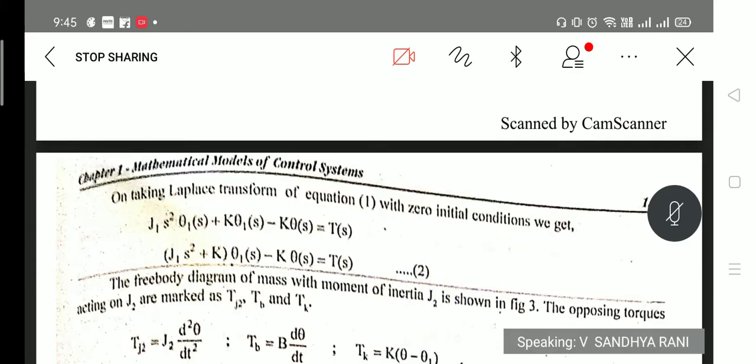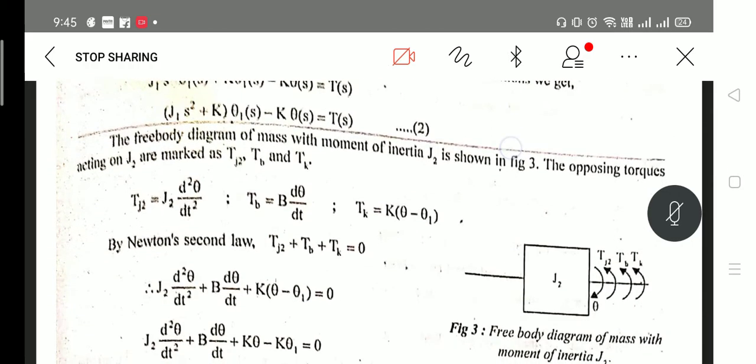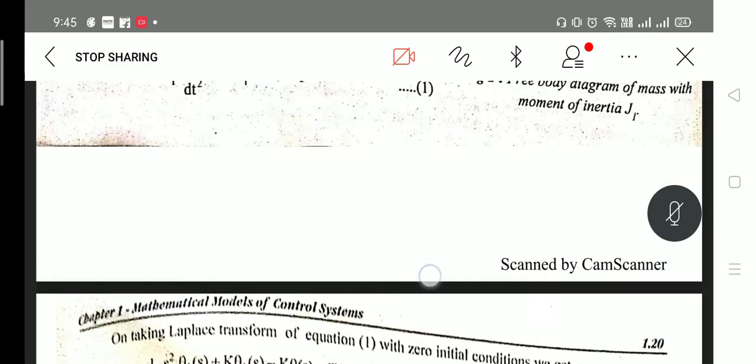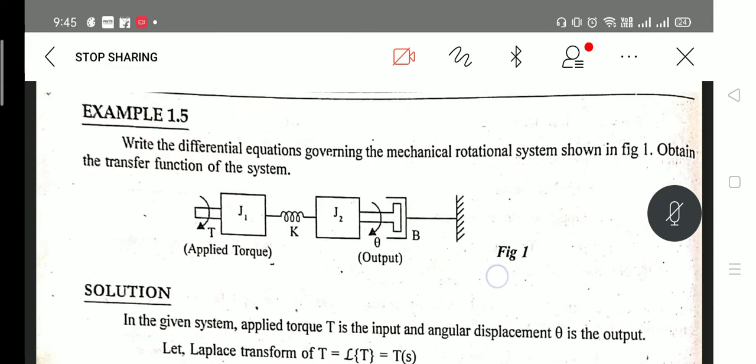Now we can apply the second node. Whatever elements are connected to the second node: k, b, and j2.